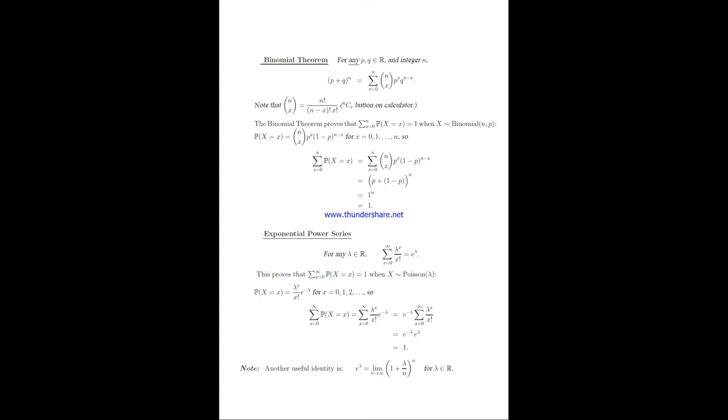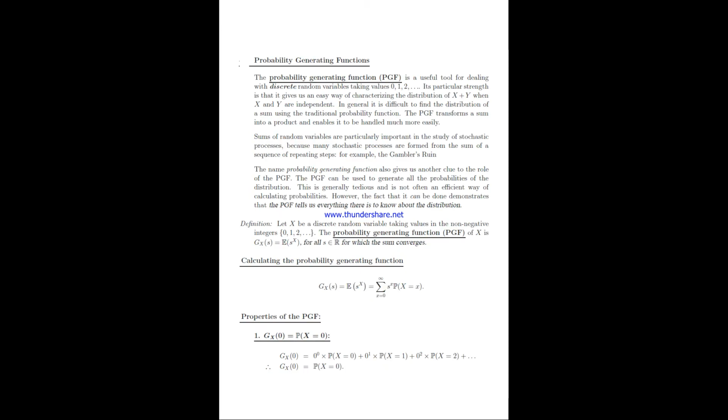So you can see when you take the geometric distribution, the Poisson distribution, and the binomial distribution, in all these cases the summation of all the probabilities adds up to 1.